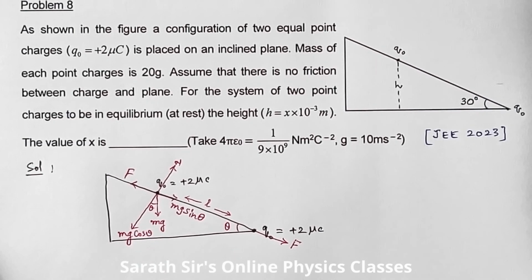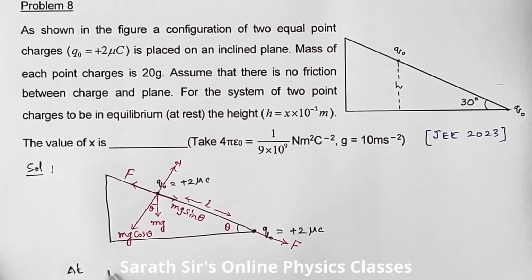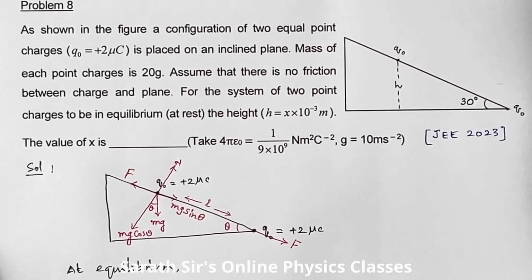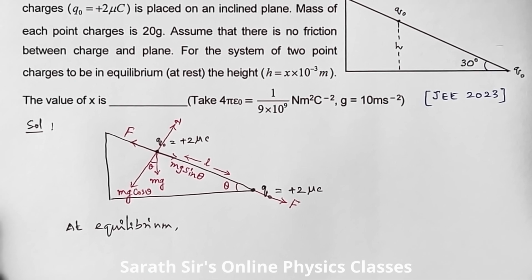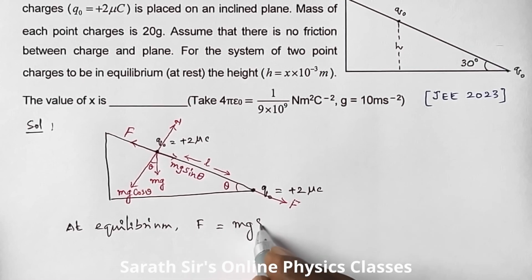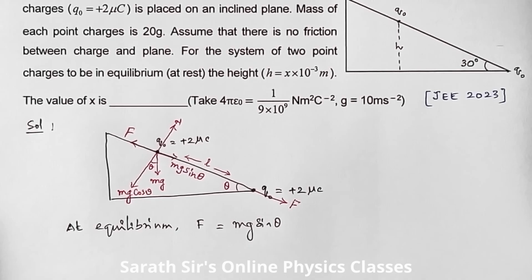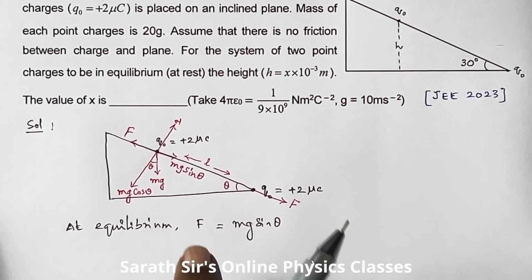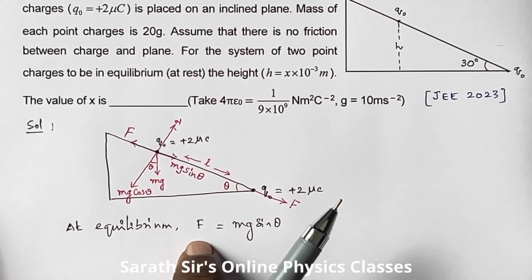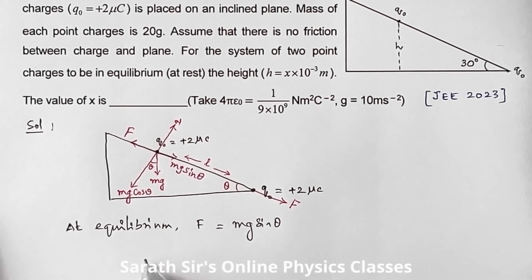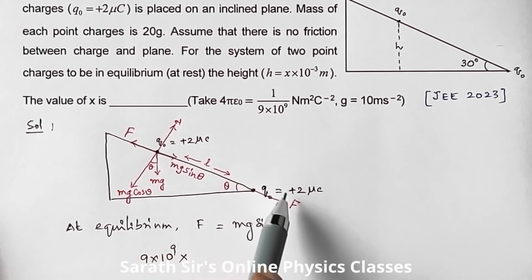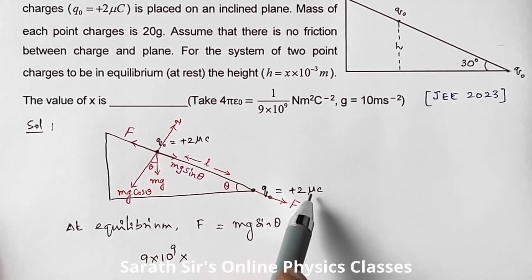So at equilibrium, upward force is equal to downward force. So here upward force is F and downward force is mg sin theta. So let us substitute the values here. F formula we know, K Q1 Q2 by R square. So K value is 9 into 10 to the power of 9 into, here both charges are equal, 2 into 10 to the power of minus 6, that is micro.